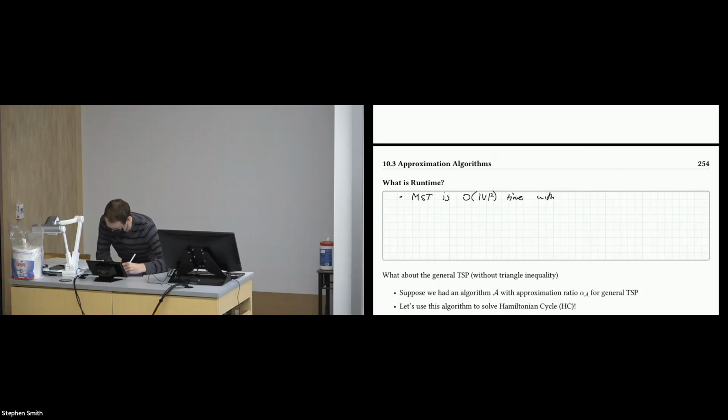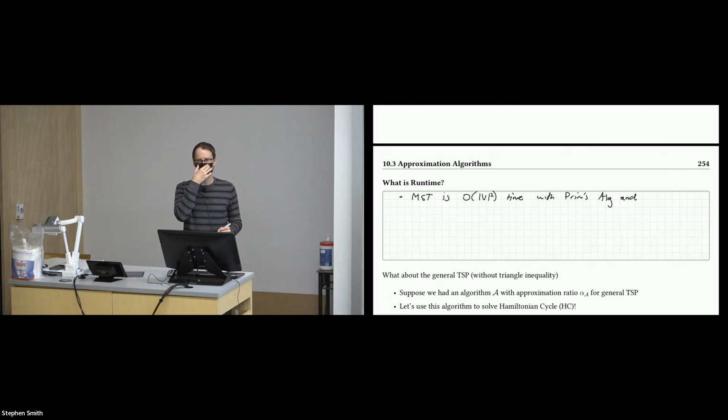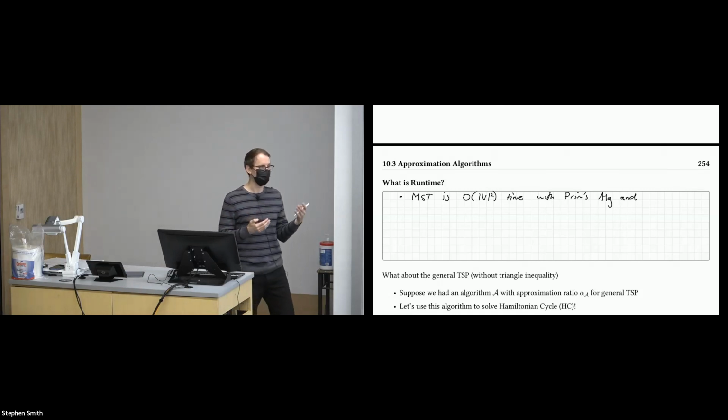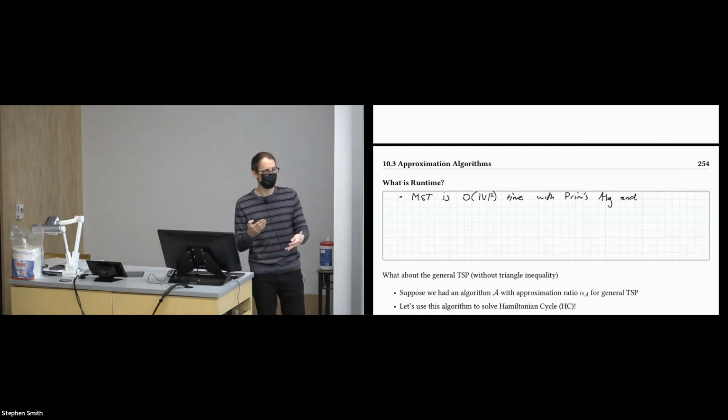with Prim's algorithm and an array for the priority queue. This actually fits in. If you remember back on the midterm, there was this question: if you have a graph with order v squared edges, is it better to implement your priority queue as an array or as a min binary heap?